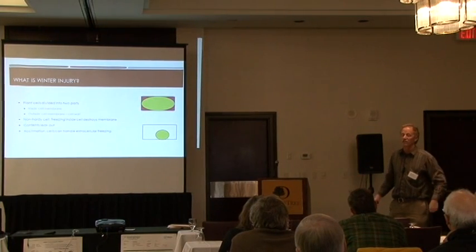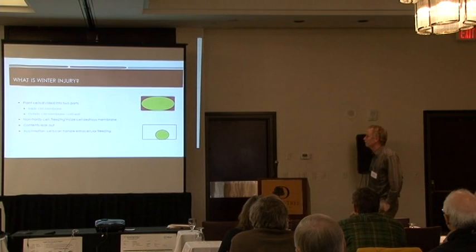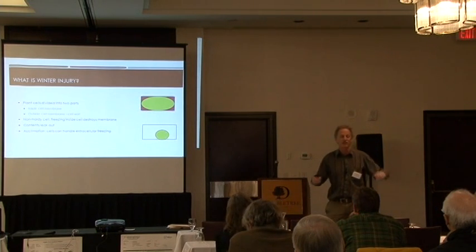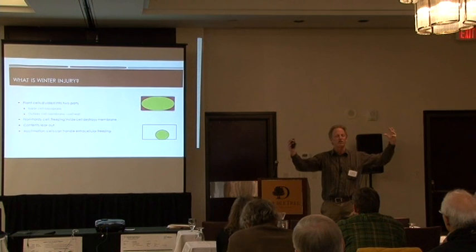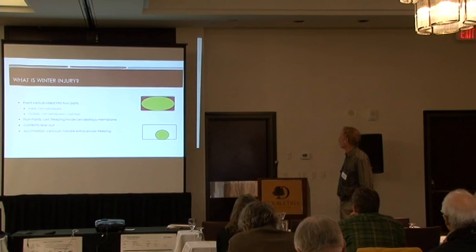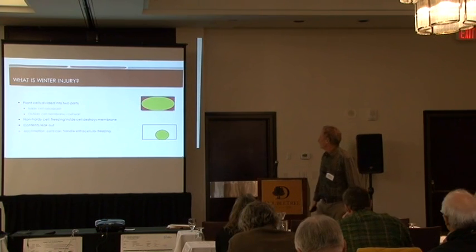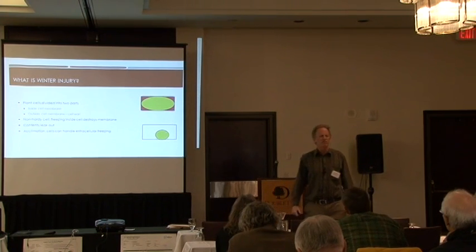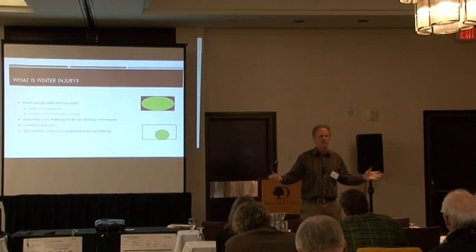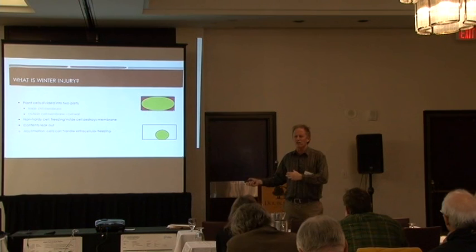We get discoloration as the most common symptom of any kind of frost or freeze injury. That's because those cell membranes are no longer holding all of the proteins and all of the organelles that are important.